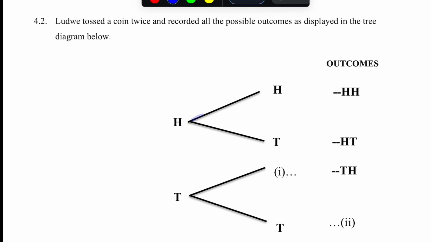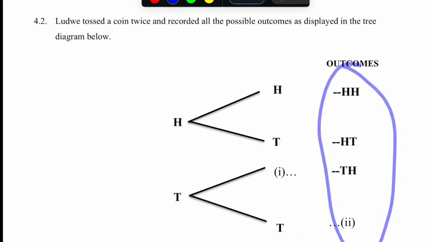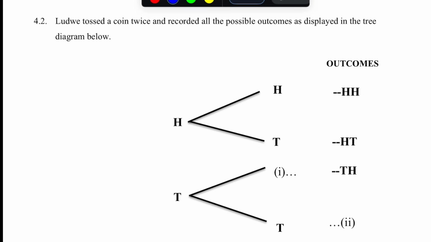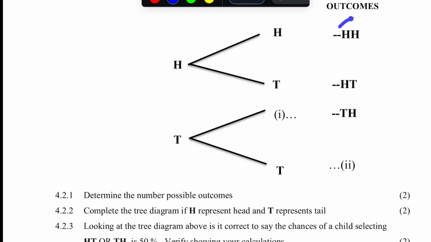You can have head and head, or you can have a head and a tail, or you can have a tail and a head, or it can be a tail and a tail. So these are the possible outcomes if you toss the coin twice. You have 4 possible outcomes, guys.